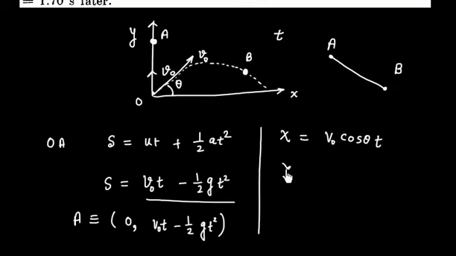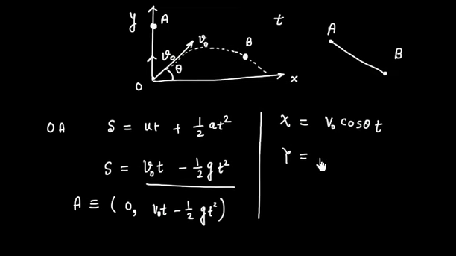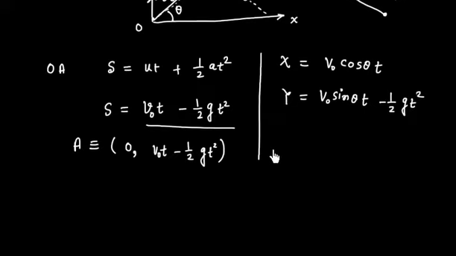In the y direction, the distance traveled is, velocity is v0 sin theta, so ut, and in the y direction we have acceleration, that is minus half g t square. So the coordinate of B will be x is v0 cos theta t and y coordinate is v0 sin theta t minus half g t square.